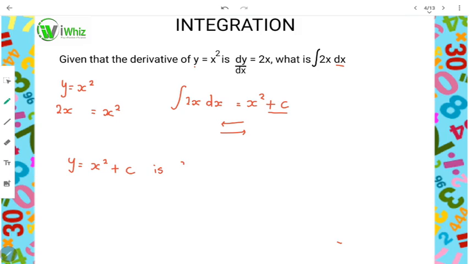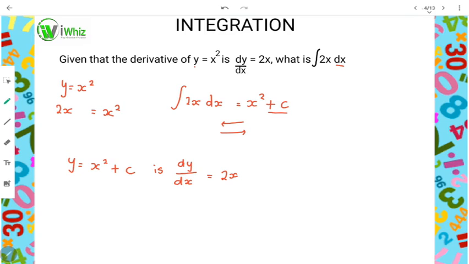We can say that the derivative of this will be dy over dx, and the derivative of this will simply be 2x, which is the function we were integrating. So the most important thing for us to note in terms of integration and differentiation is that you can work both forwards and backwards. Now this is a simple example, but every example requires you to do additional work.